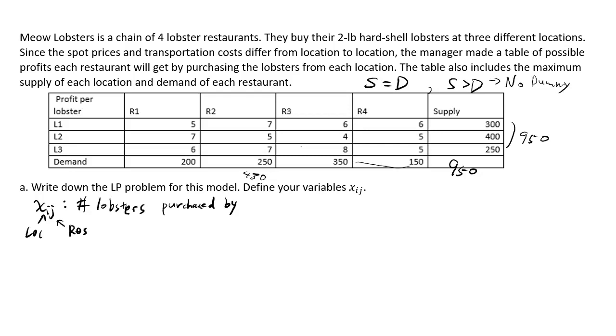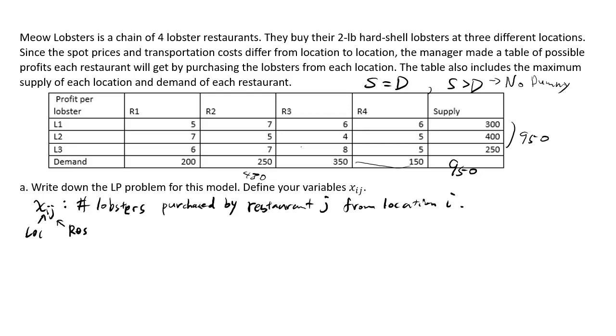And we'll have the xij to be number of lobsters purchased by restaurant J from location I. And we'll just use these numbers 1, 2, 3 and 1, 2, 3, 4 for each. That's still okay. That's another convention that people use. If your numberings are already there, 1, 2, 3 and 1, 2, 3 like this, you can just use those as your ij.